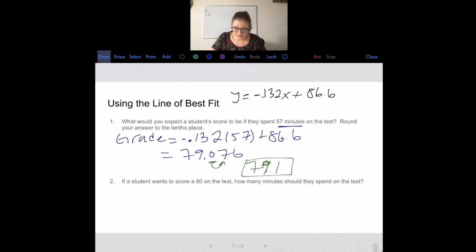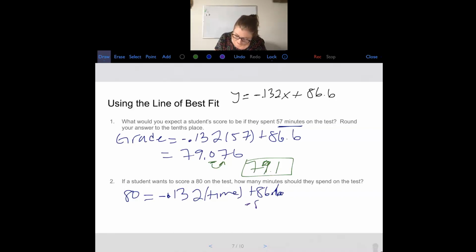Question 2: if a student wants to score 80 on the test, how many minutes should they spend on the test? So 80 is our grade, and now we're solving for x, or time. We solve this just like we would any other linear equation.